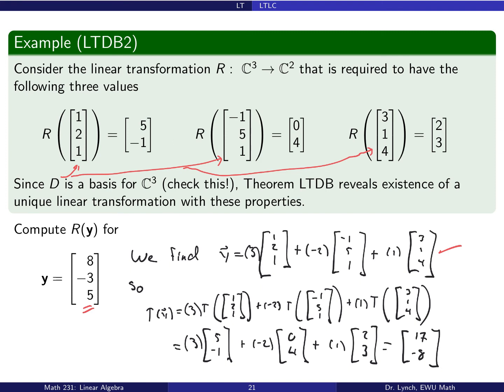Once we know that the image of a linear combination is the linear combination of the images, this should be R instead of T, but in any case, we know that R of y is 3 times R of the first vector plus -2 times R of the second vector plus 1 times R of the third vector. And since we know the image of all of those vectors, we can quickly compute that the image of the linear combination is the linear combination of the images, so you get (17, -8).